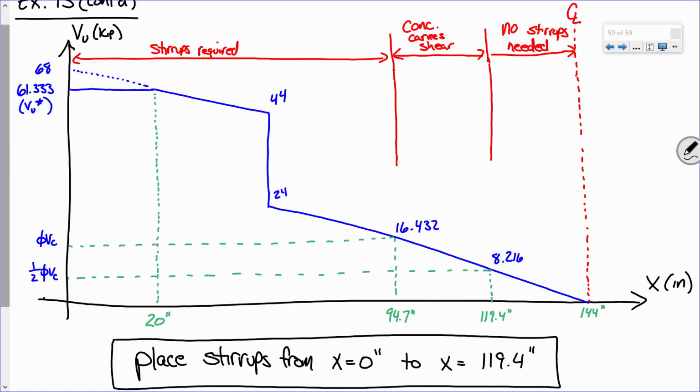Any questions? All right. Now, instead of doing like 6 different designs like we did for our last problem, we're just going to do one and call it, okay?